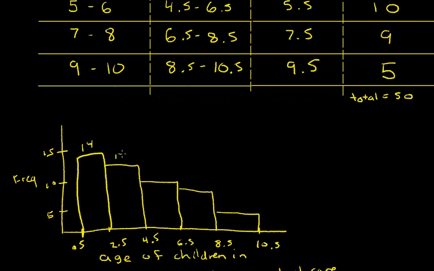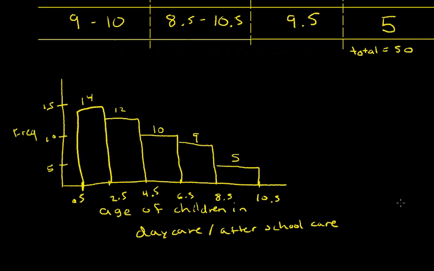So 14, 12, 10, 9, and 5. So this is the frequency histogram using class boundaries. I've marked the boundary of each of the bars and labeled that boundary, the age.